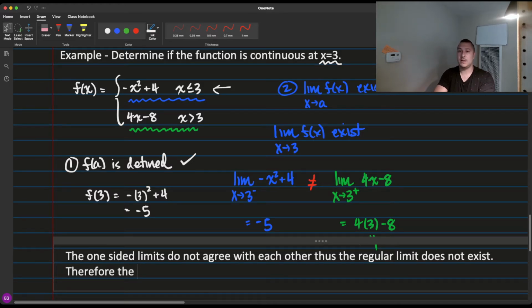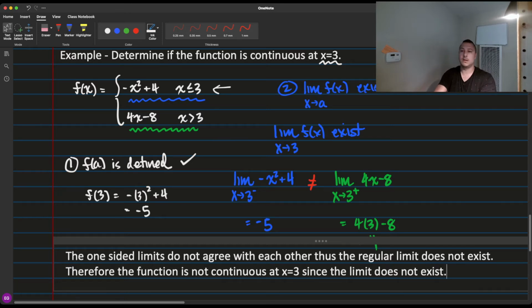Therefore, the function is not continuous at x equals 3, since the limit does not exist. Boom. Criteria 2 failed. Criteria 1 worked, but criteria 2 failed. The limit did not exist.